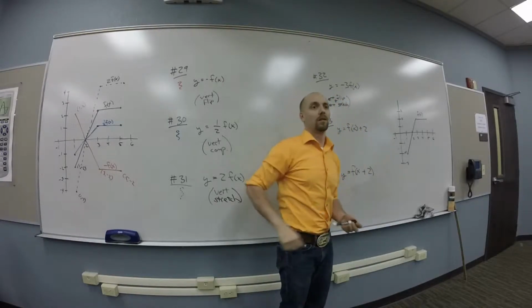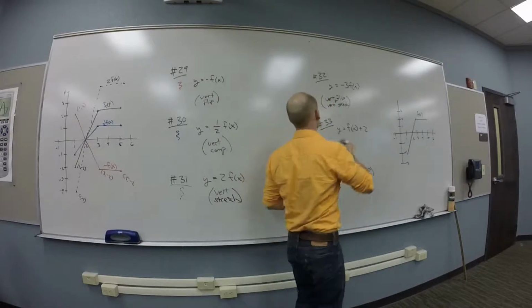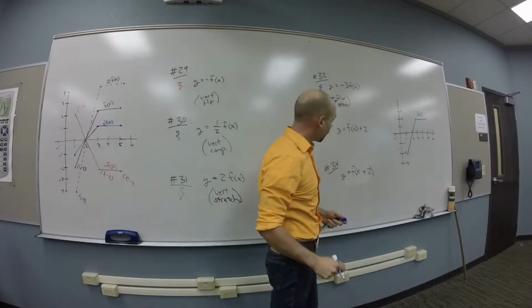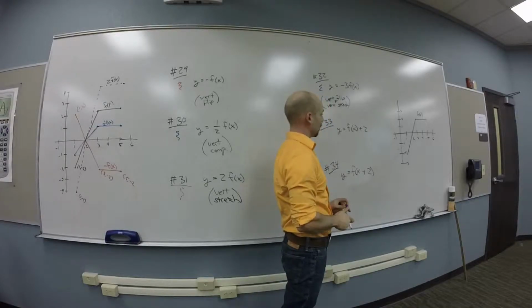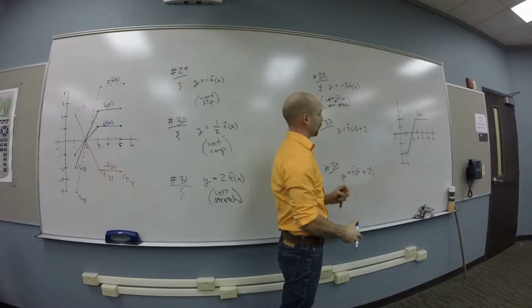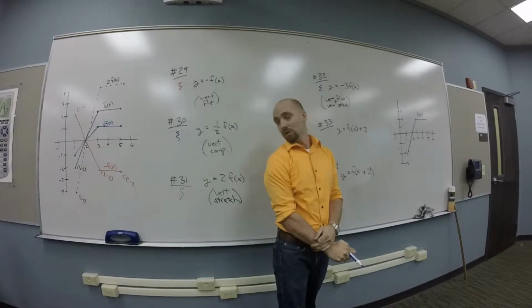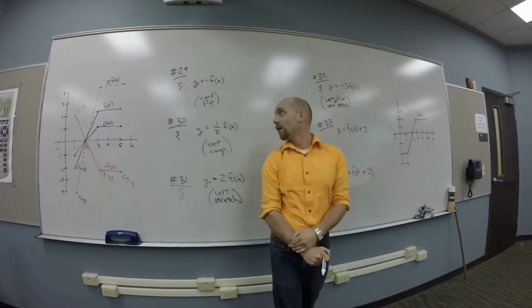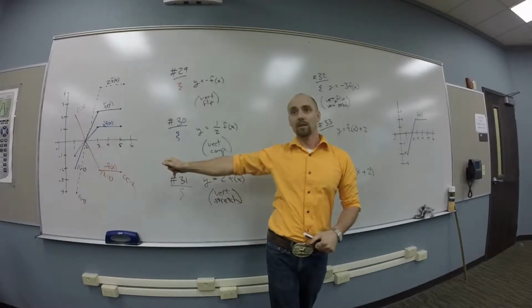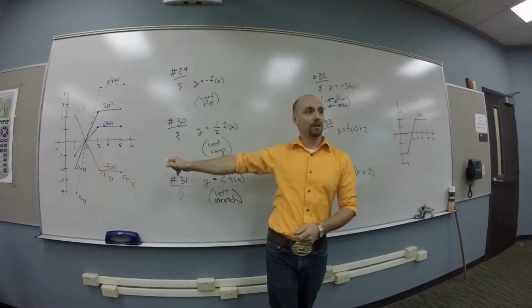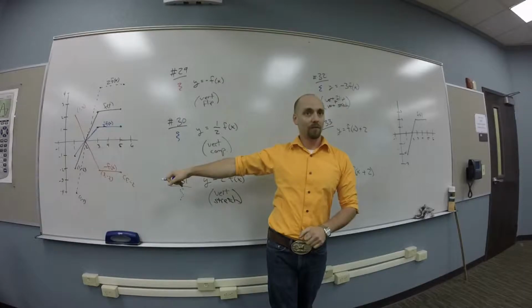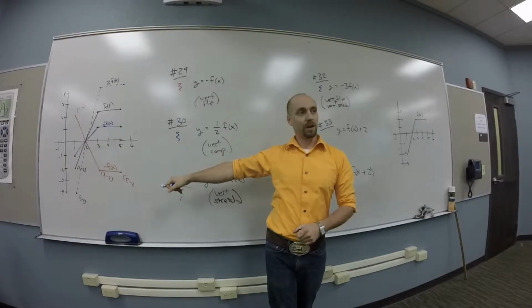You see that? Okay, so maybe let's make that one blue. How do I do that? So I could go to the red one over here, and then multiply the y values by 3.